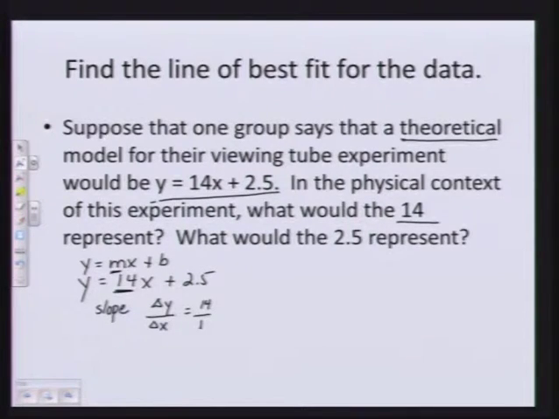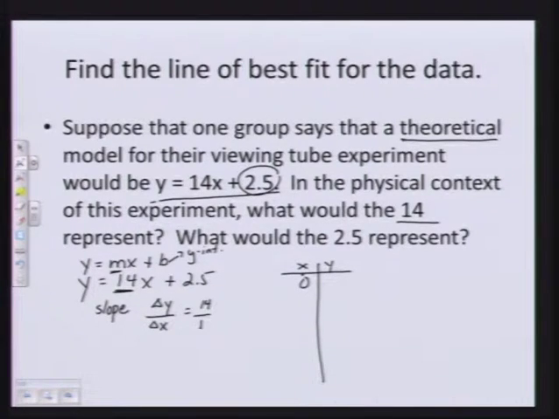What would the 2.5 represent? Well, that's the y-intercept. That's what we get when the x value is 0. What would it mean to be standing 0 meters from the wall? I'd be right up against the wall, wouldn't I?